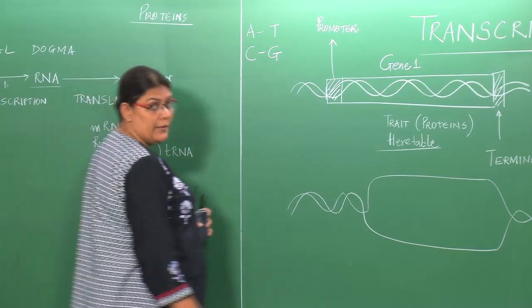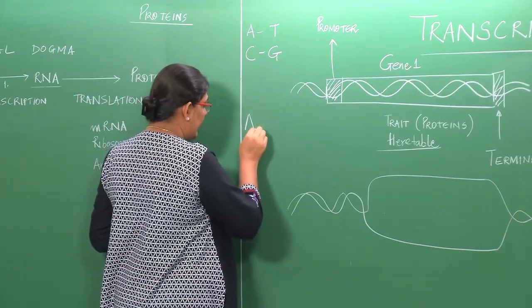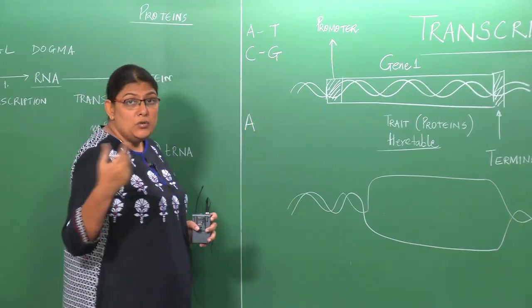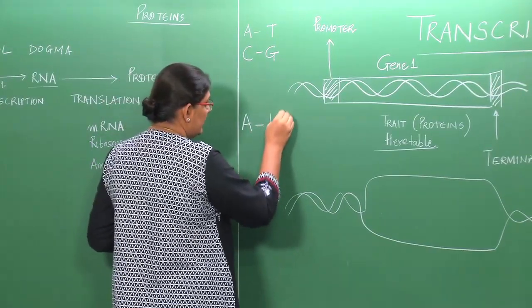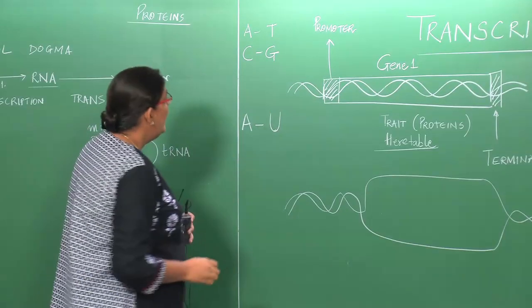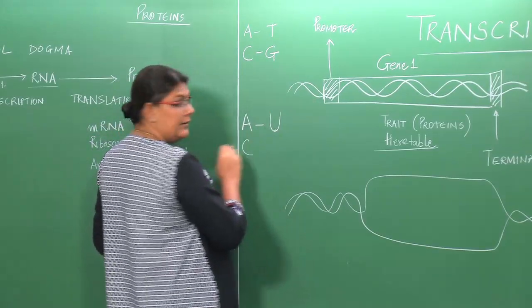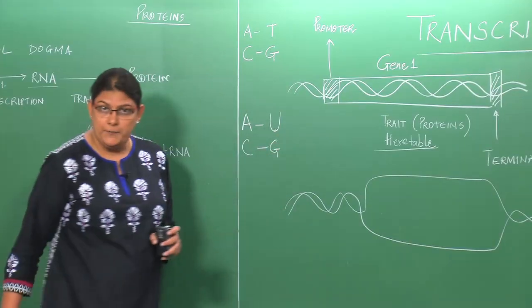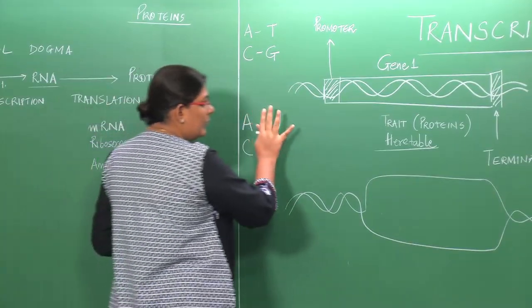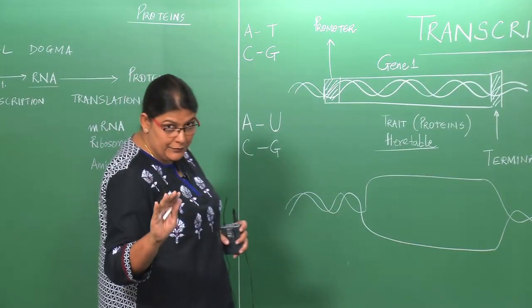In case of RNA, wherever there is an adenine, there is no thymine. So, instead of thymine, in RNA you will see a uracil, and then again, as seen in DNA, for cytosine you will always have a guanine.